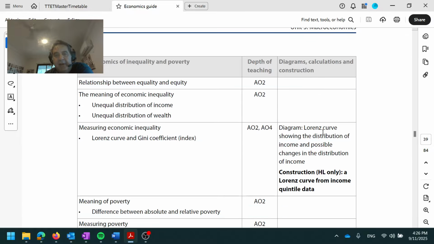Okay, equality and equity. Remember the difference between the two. Equality: everyone gets the same. Equity is more about what's fair. What do we mean by economic inequality? An unequal distribution of income or an unequal distribution of wealth. We're currently seeing that in Australia now.